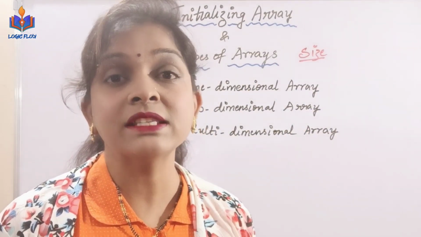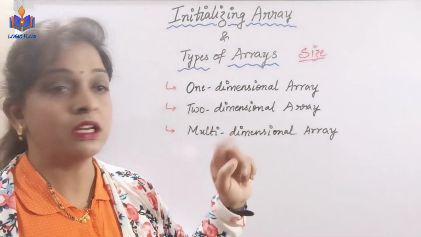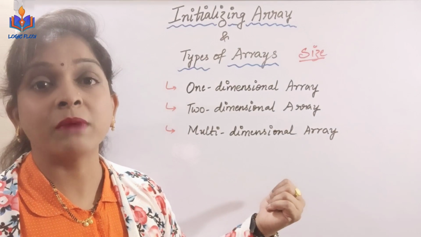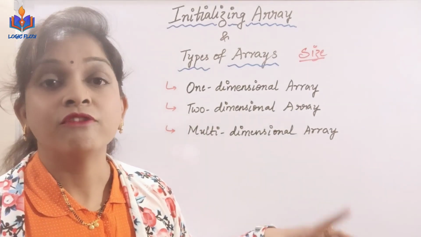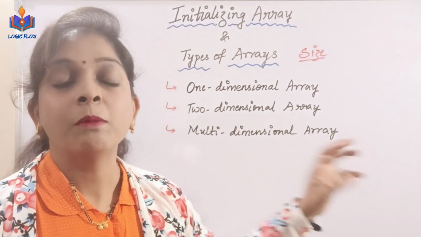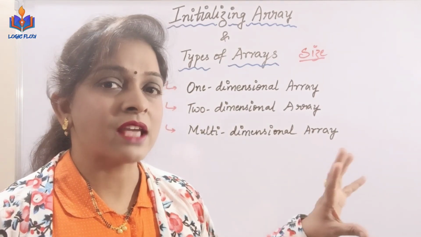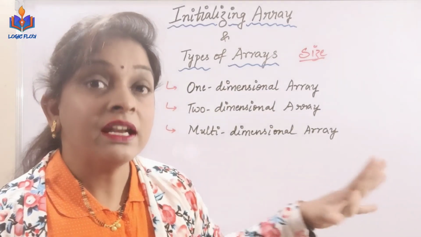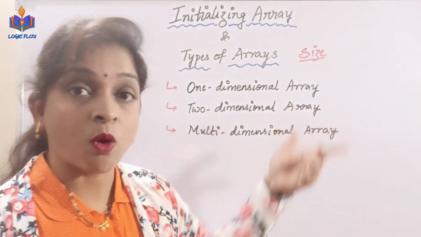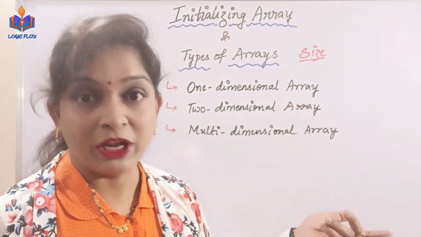So providing a dimension can be one-dimensional, two-dimensional or multi-dimensional, in the sense that we provide one size, two sizes and many sizes. But what are these sizes actually going to deal with? Let us have a small gist on this. In detail, we are going to discuss all these different types with example programs in the coming videos.